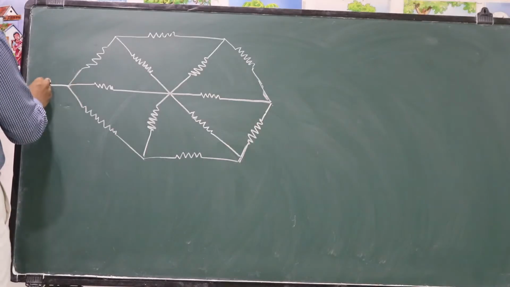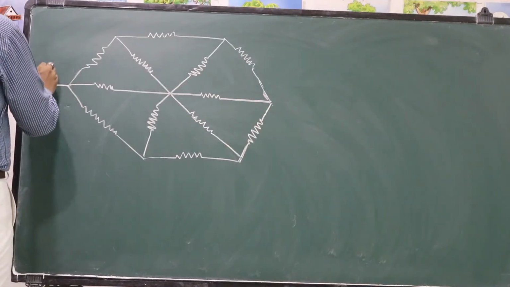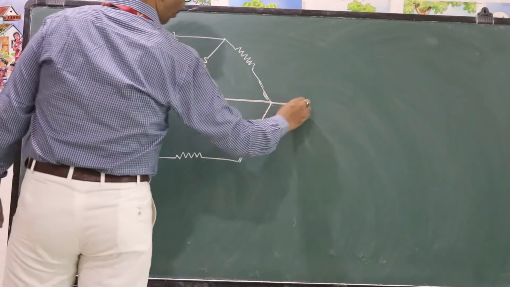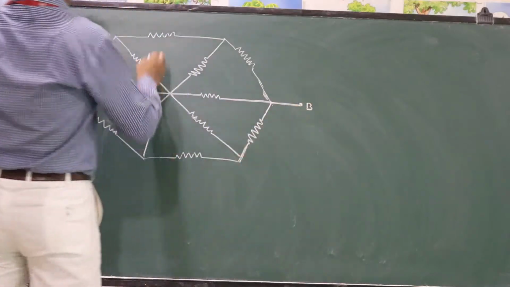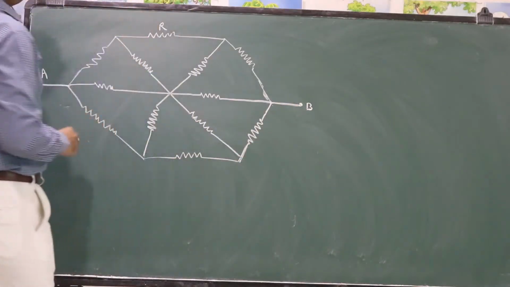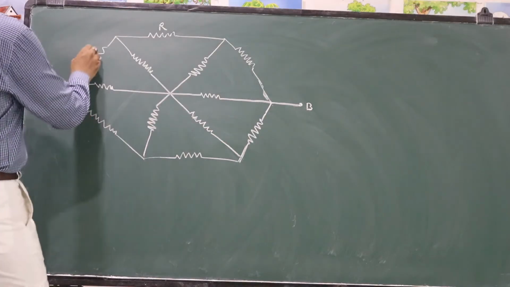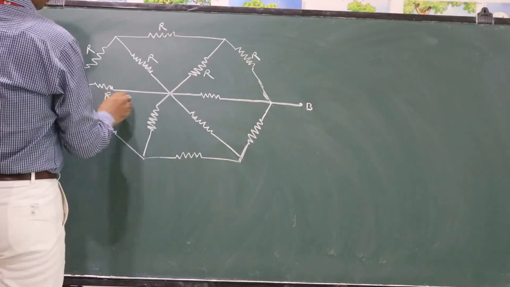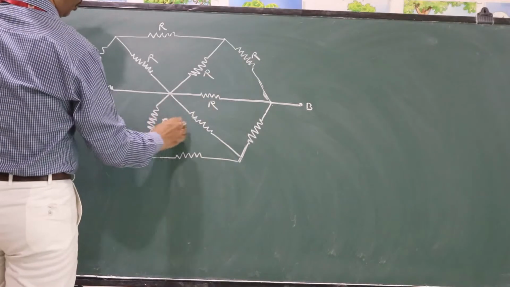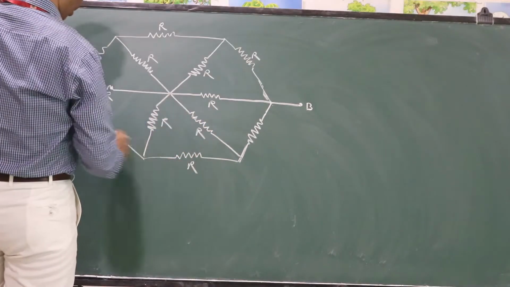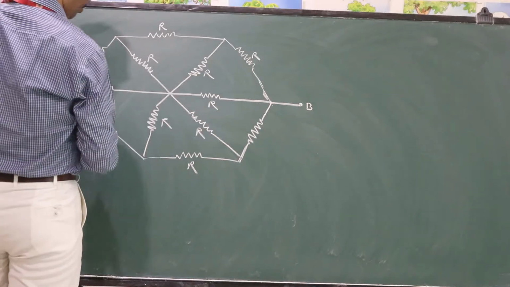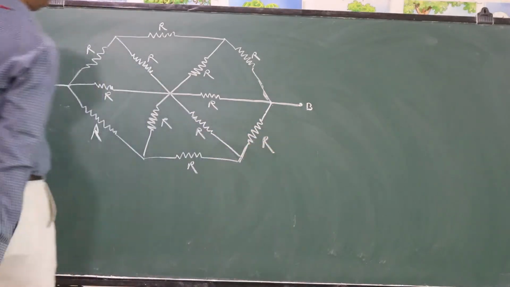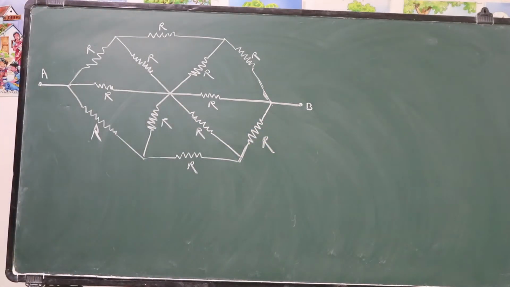There are points A and B. Each resistor has resistance R. All resistors are identical, having the same resistance R. You are asked to find the equivalent resistance between A and B.